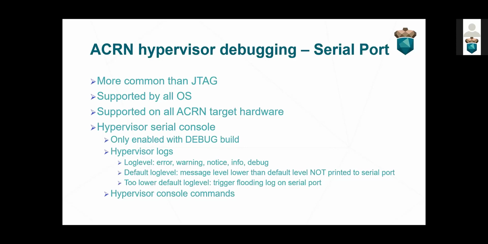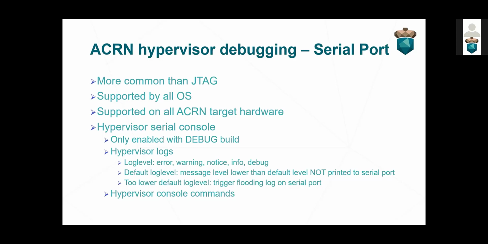The good thing about the serial port is that it is supported by all OSes, whether it's Linux, VxWorks, or Zephyr. To use the serial port for ACRN, the first thing you need is to enable the debug build. For the release build, we remove all the serial port support from ACRN.